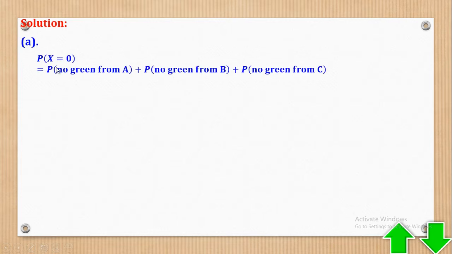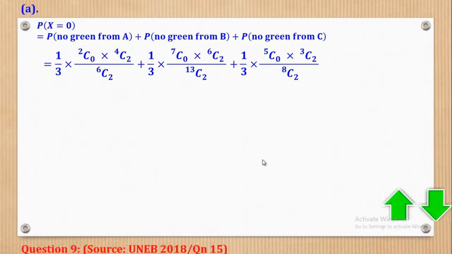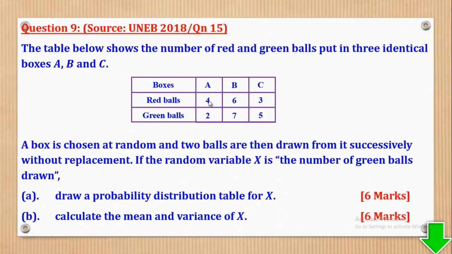So x equal to 0, it means that you pick no green from A, you also pick no green from B and no green from C. So that means that when we use combination, because it was without replacement, you can use either combinations or a tree diagram. So let's choose the one for combination. So no green, it means that when you come at A, remember in A there was 4 red and 2 green, so the total is 6.